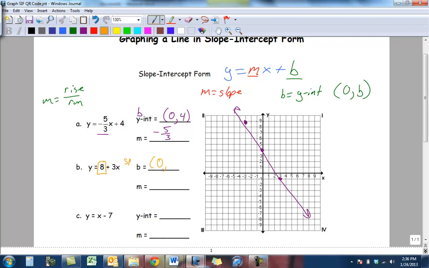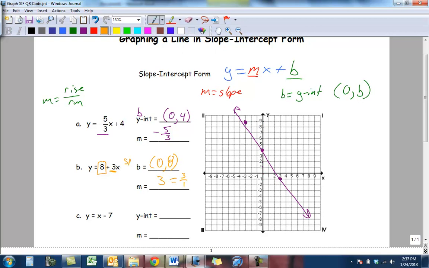The starting point here is the point (0, 8). The slope here is positive 3. Another way to write 3, since we like slope as a fraction so we can do rise over run, is 3 over 1.